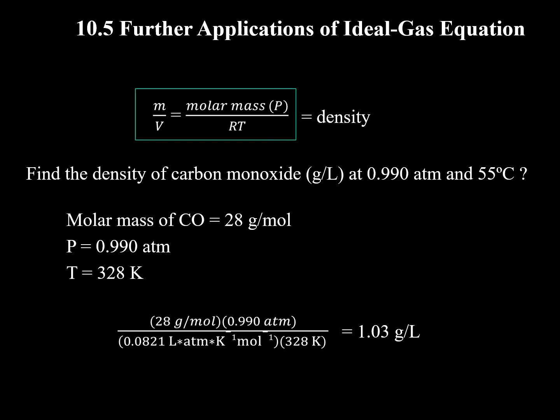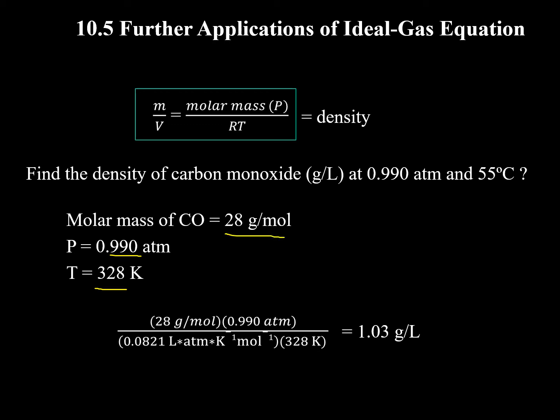So using that equation, let's try to do a problem. It says find the density of carbon monoxide, in units of grams per liter, at 0.9908 atmospheres and 55 degrees Celsius. So we have to convert the 55 degrees Celsius to Kelvin, and we've done that, we added 273. We know the pressure. We know the molar mass of carbon monoxide, 28 grams per mole.